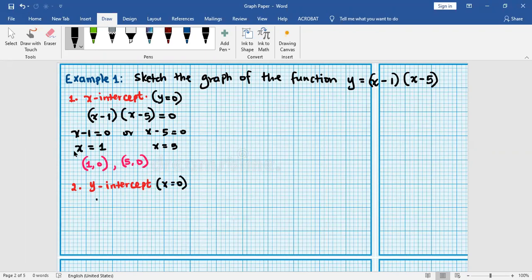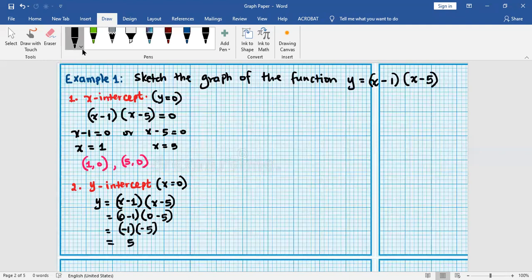So y is equal to x minus 1 into x minus 5. Remember, we have said that x is 0, so 0 minus 1 and 0 minus 5. This is minus 1 into minus 5, which is equal to 5.